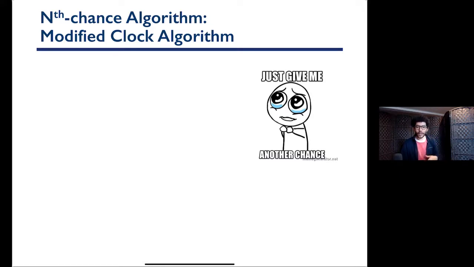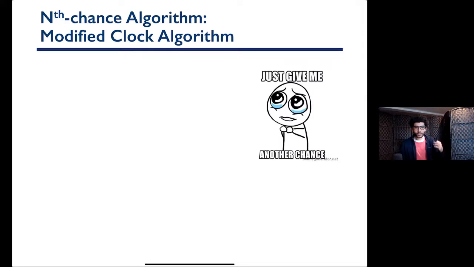We can run the clock algorithm by, instead of just looking at the valid bit, introducing a variable that counts the number of times that a particular page becomes a victim.